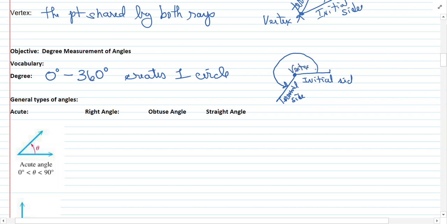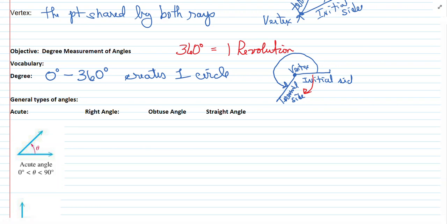But it can be measured in this fashion, or if I make the opposite happen, it could be measured in this angle section. So it depends how it's written. And we say that 360 degrees equals 1 revolution. You can have angles that are more than 360, which just implies the fact that you're rotating several times.